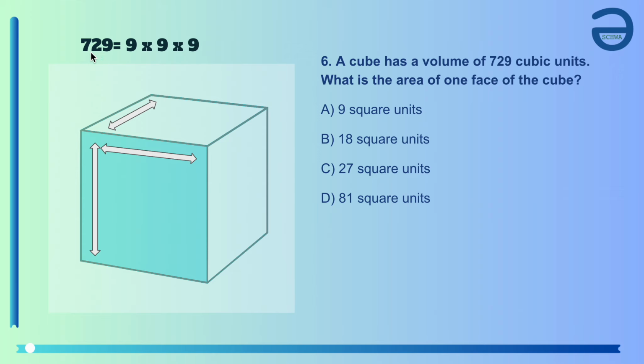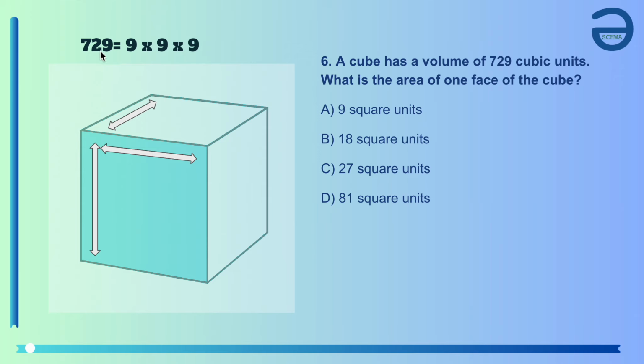And a small trick is to find out whether the number is divisible by 3, which is when all the digits add up, and in this case also by 9 because all the digits add up to a multiple of 9. 7 plus 2 is 9, 9 plus 9 is 18, and 18 is divisible by 9, so 729 should be divisible by 9. This is a cool trick, but don't worry, you don't have to do that every single time. If you don't remember that trick, it's completely fine.